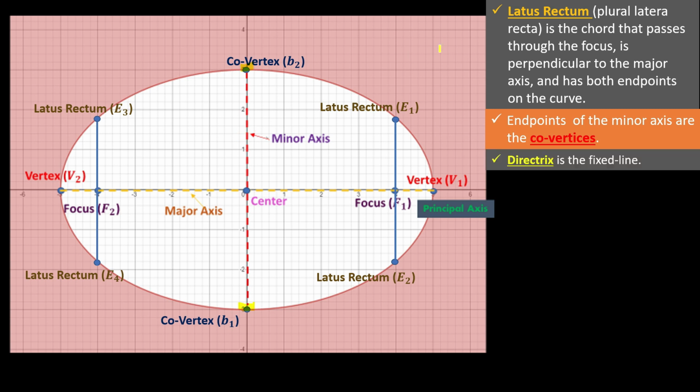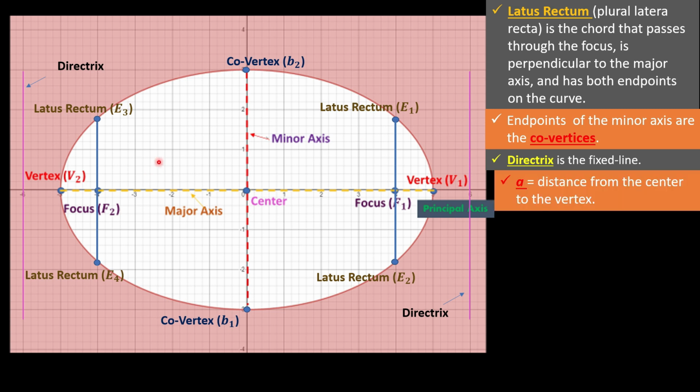Next, meron din tayong tinatawag na directrix. Ayan. So, ito yung ating dalawang directrix. Ito yung isa, ito yung pangalawa. So, meron tayo sa left, meron din tayo sa right ng ating ellipse. So, we use A to indicate the distance from the center to the vertex. So, A yung ginagamit natin.